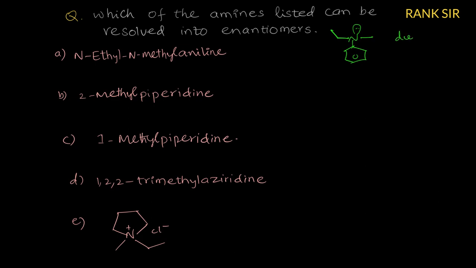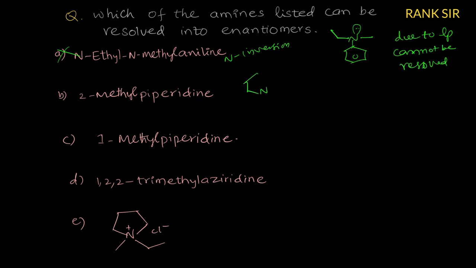So due to the lone pair it cannot be resolved, because it undergoes inversion. That is called nitrogen inversion, therefore not possible. Then B, what is the B? 2-methyl piperidine. What does 2-methyl piperidine mean?